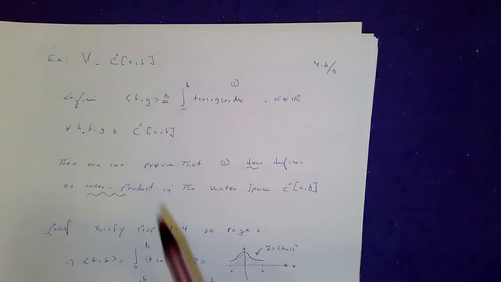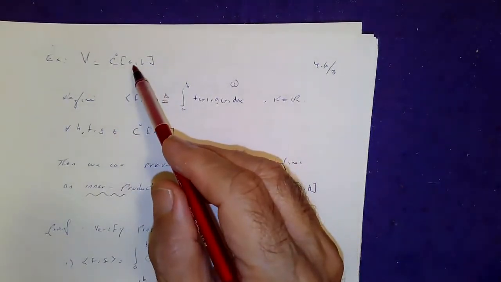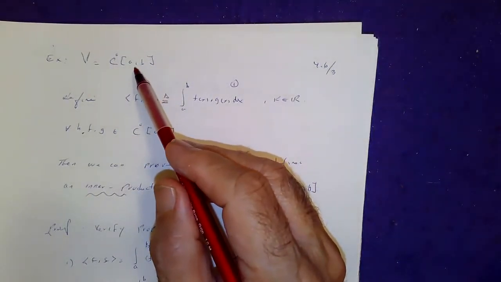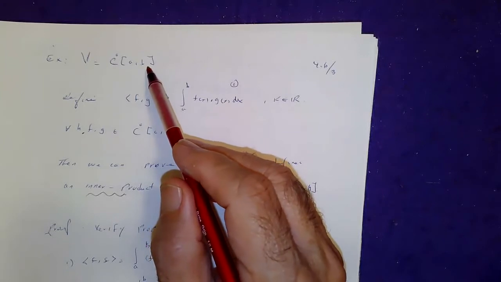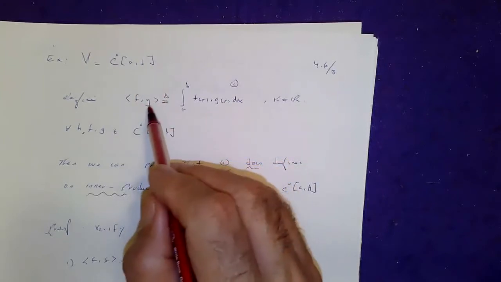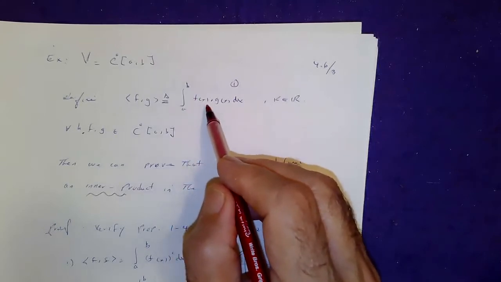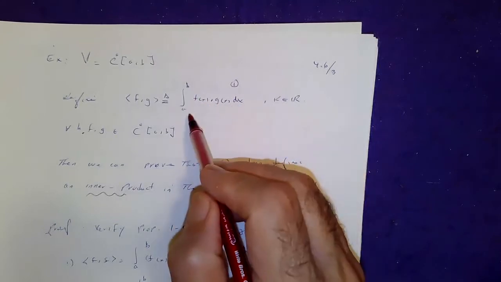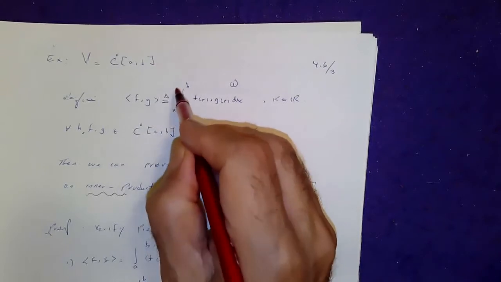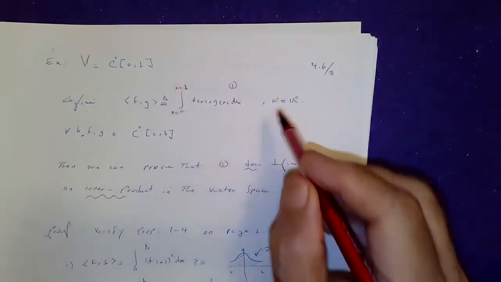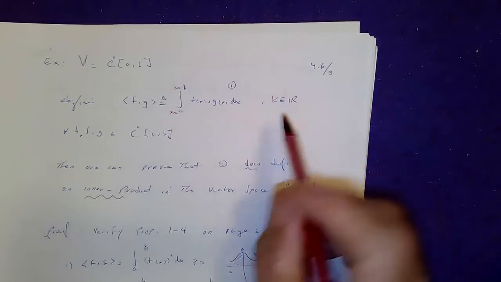For example, suppose the vector space is the set of all continuous functions on a closed interval. We define the inner product of two functions in that space as the definite integral of f(x) times g(x) dx, where x goes from a to b. And k is a real number, correct?